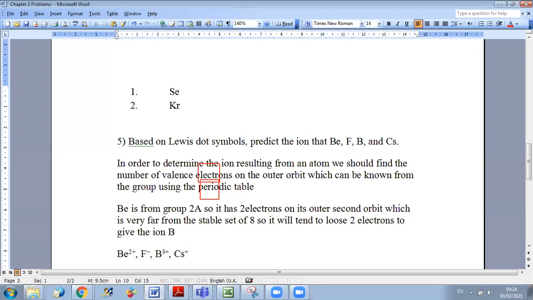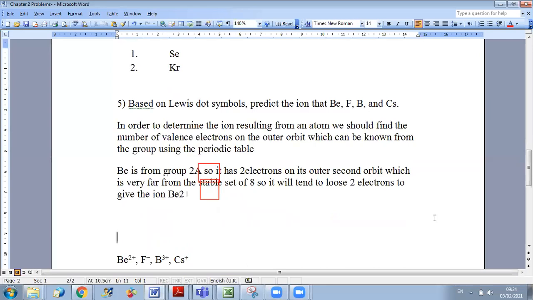Now, sometimes they can ask you to draw the planetary model for an atom. What they mean by the planetary model is the representation of the atom with all its orbits. For example, for Be, this is the atom Be, and this will help you see how many electrons you have on the final orbit.